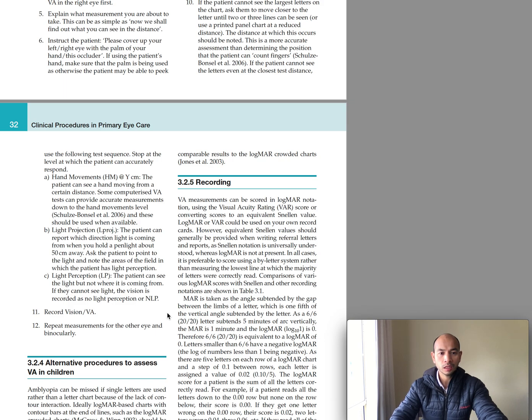If they cannot see light, the vision is recorded as no light perception, or NLP. 11. Record vision, or VA. Repeat the measurement for the other eye and binocularly.